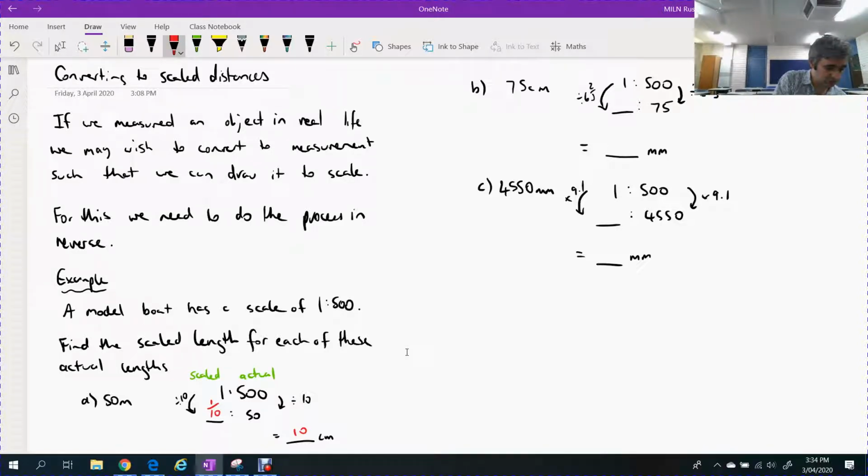1, do it over here on my calculator. 1 divided by 6 and 2/3, which gives me 3/20.